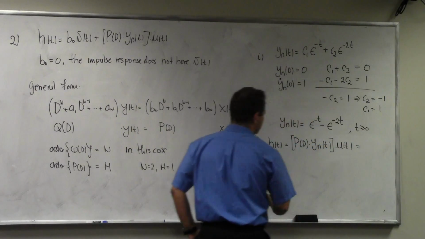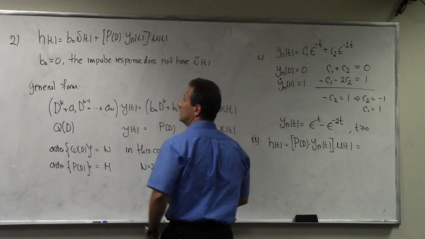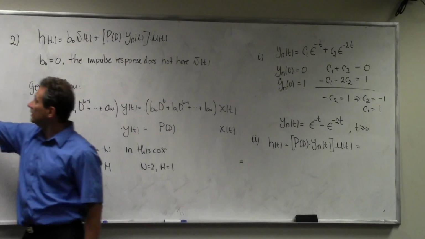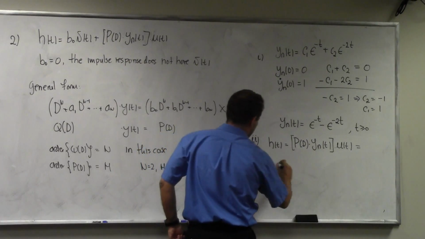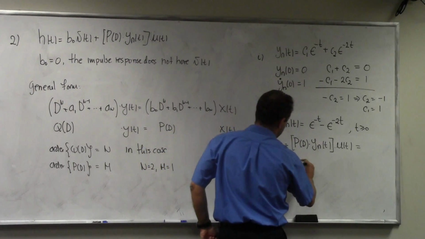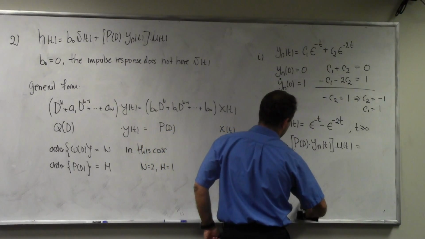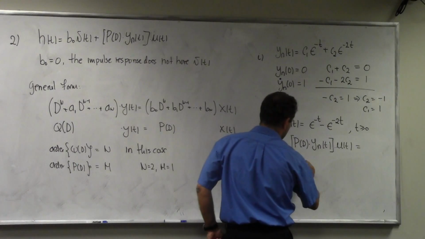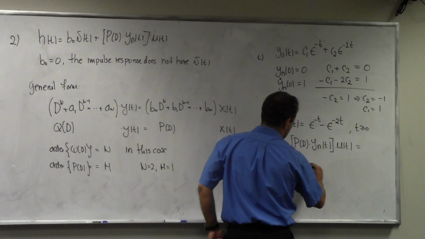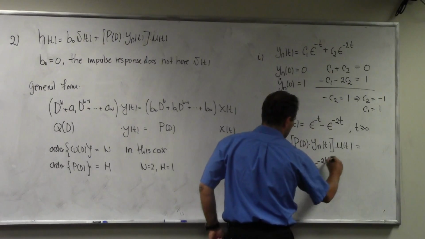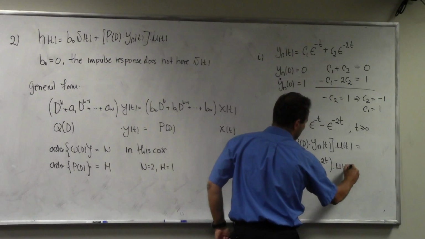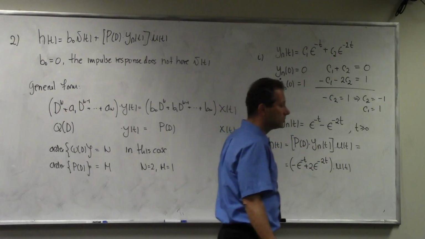In our case, p of d is given as just a d, so it would be a derivative of this one. So it becomes minus e to the minus t plus 2 e to the minus 2t times u of t. So that's the impulse response of this system.